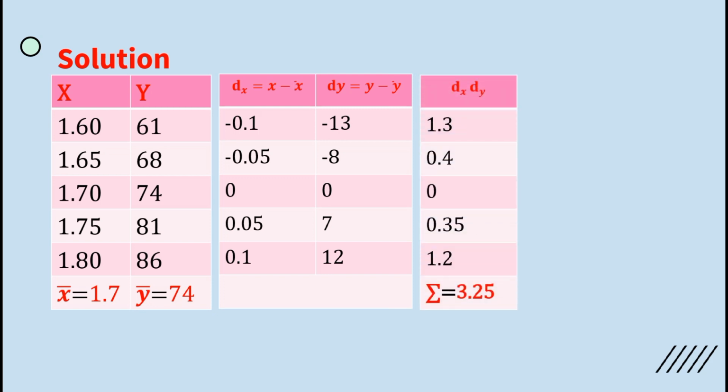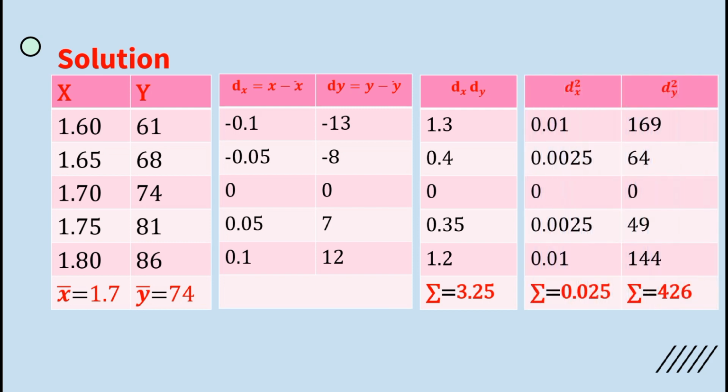Then we multiply dx and dy to find dx dy and square dx and dy to find dx squared and dy squared respectively. Finally, we find the summation of values of dx dy, dx squared and dy squared, which we will put into our Pearson's formula we had seen earlier.